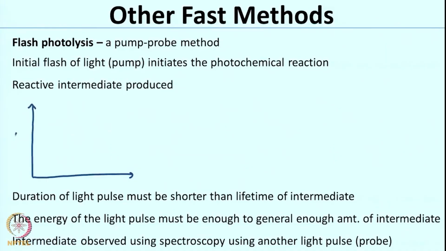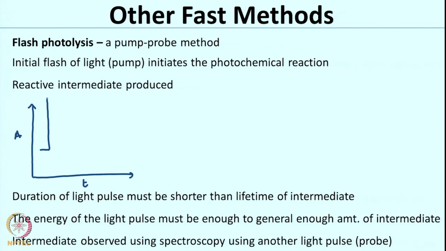Then what is done is the pulse is gone and the intermediate converts to the product. So if I were to plot the absorbance versus time, what we would see is, initially with the big pulse there is a huge increase in the absorbance, because you are generating a lot of your intermediate.